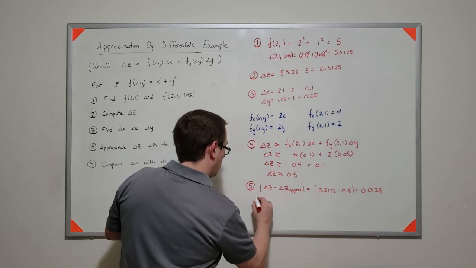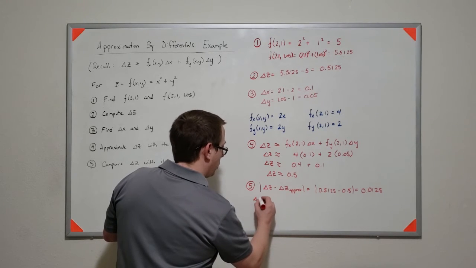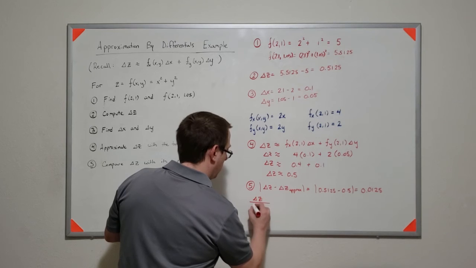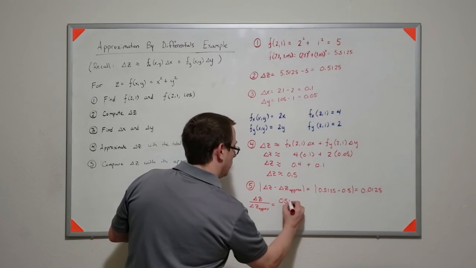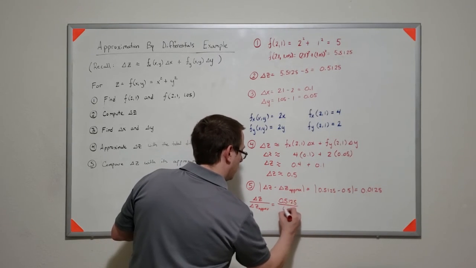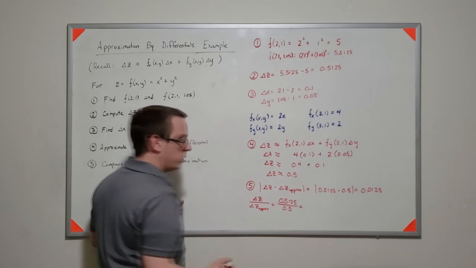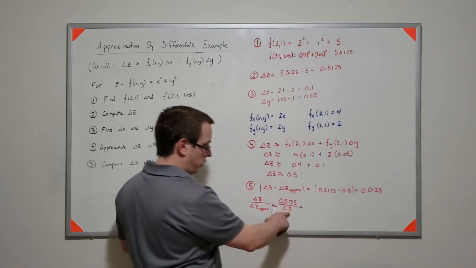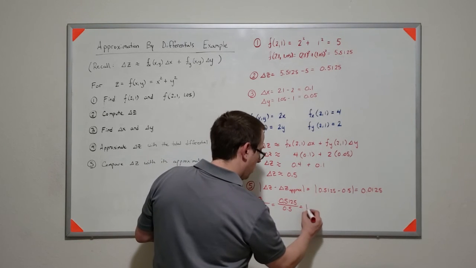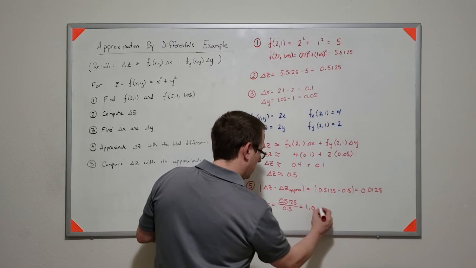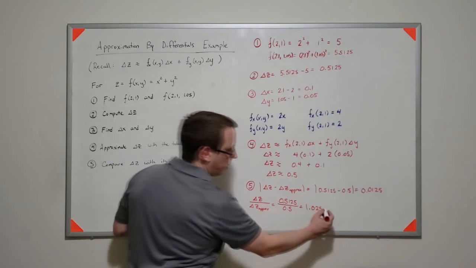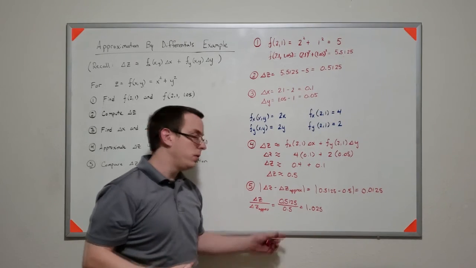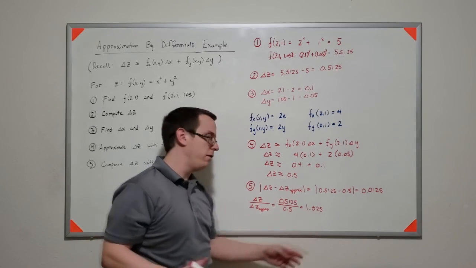So if I take the ratio of the true value to the approximate value, and double both of these, I get 1.025.